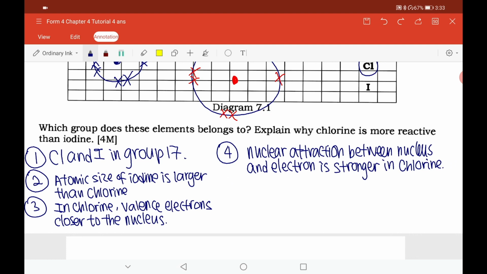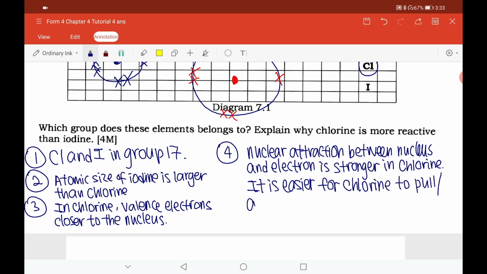So when the nuclear attraction is stronger, it is easier for chlorine to pull, or you can use the word attract, the electron. You can pull the electron into the valence shell easily.